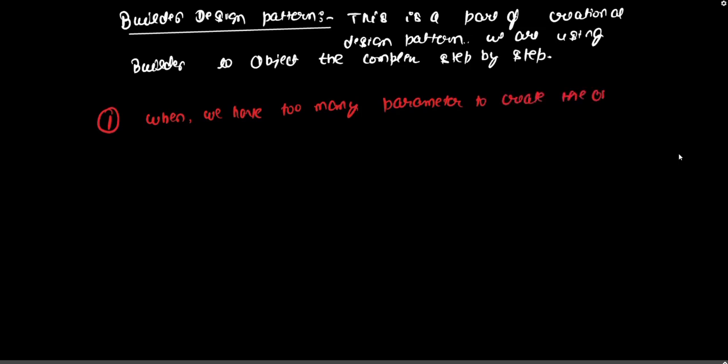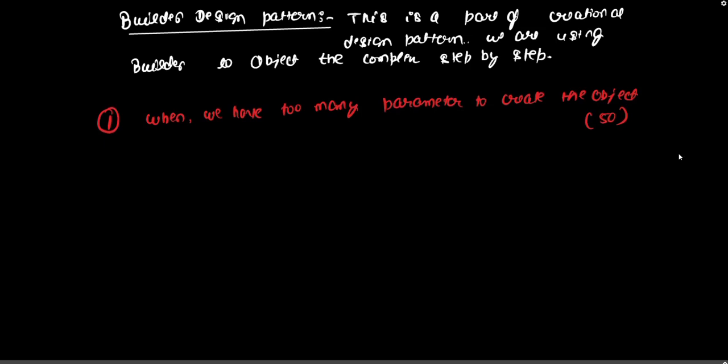Then at this time we are using builder, because let's assume that we have 50 parameters, right? It's so tough to write all the parameters, like a is equal to new a and all the parameters. It's really difficult to manage that.